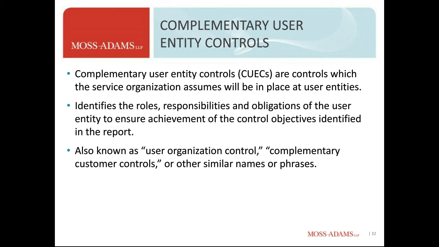Complementary user entity controls. These are controls that the service provider is listing in the report, indicating that you, as the user entity, need to have them in place in order for their system to generate the output that you're expecting.